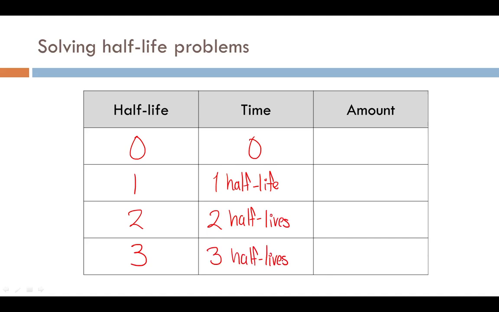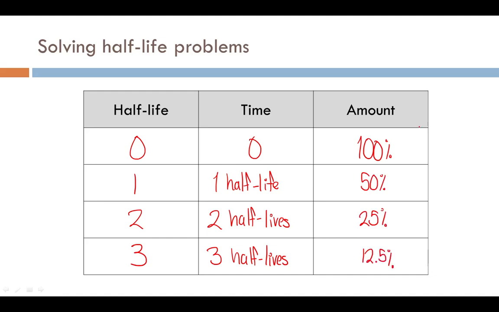And then you can use that information to figure out the amount. So the amount will start at 100%, as we know. It will then go to 50, 25, 12 and a half, and so on.